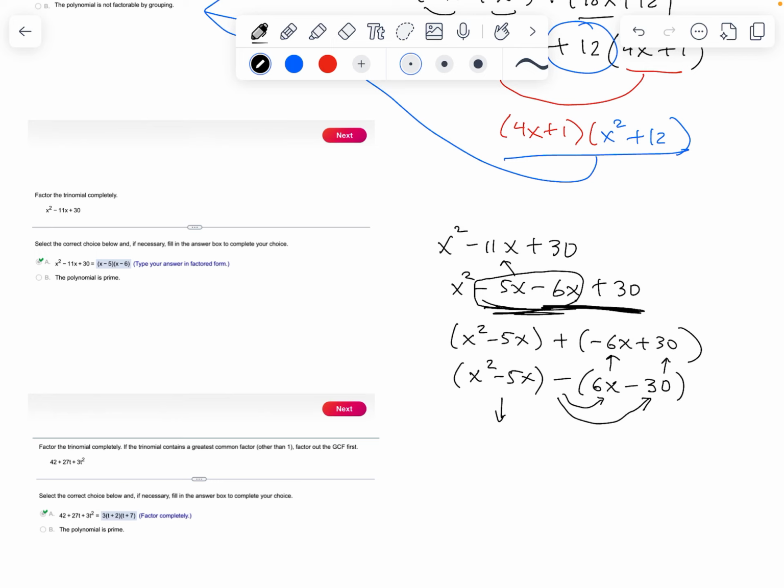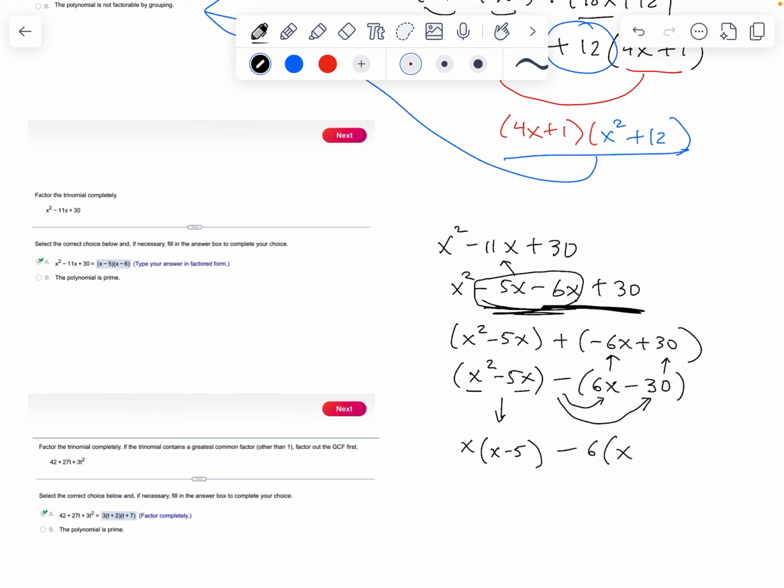Okay, from here, now we're going to be pulling values out. We have x squared here, we have x, so we can take out 1x, right? Then it would be x left here minus 5. And over there we can pull out 6.